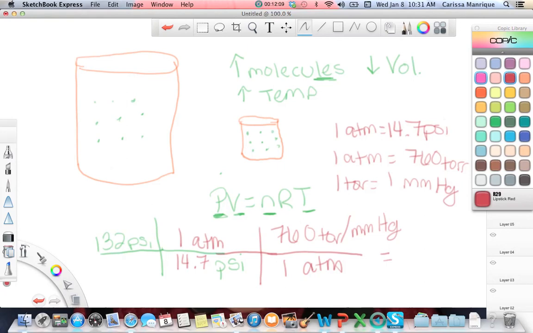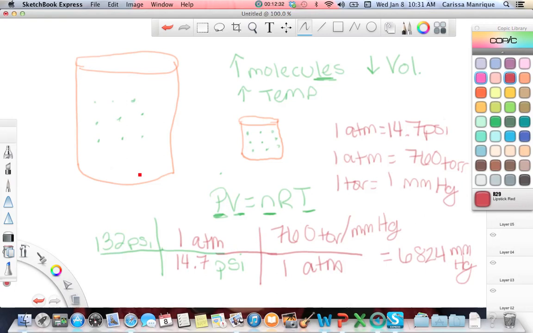So I get, let's see, 6,800, and we'll just say 24 millimeters of mercury. Okay? So that's just a unit conversion, same as like inches, centimeters, and stuff like that.